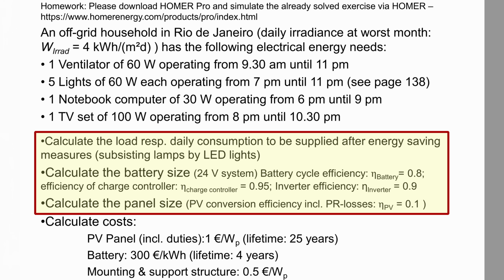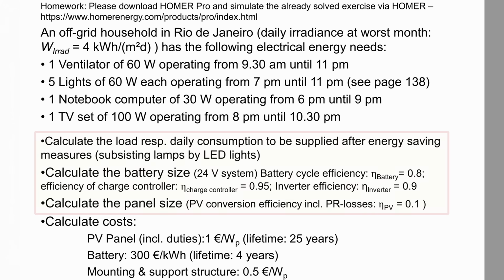In the next part, the lamps will be replaced by LED lights. And then calculate the battery size with a 24 volt system, battery cycle efficiency of 80%, efficiency of charge controller equal to 95%, and inverter efficiency of 90%. And then calculate the panel size with PV conversion efficiency inclusive of PR, performance ratio losses, of around 10%.